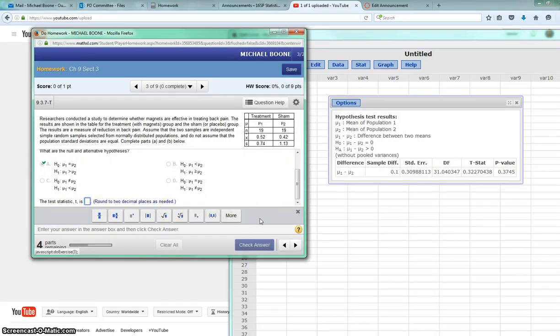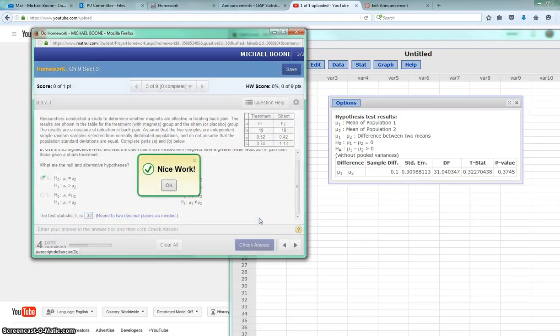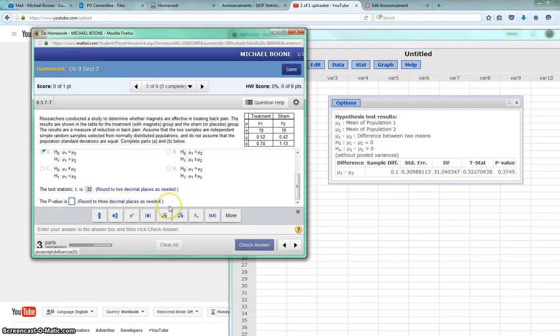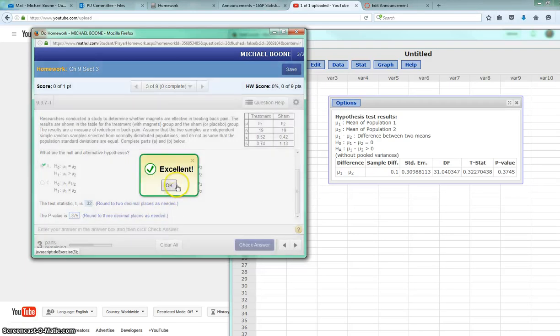Our test statistic to 2 decimal places is 0.32, and our p-value is 0.375 to 3 decimal places.